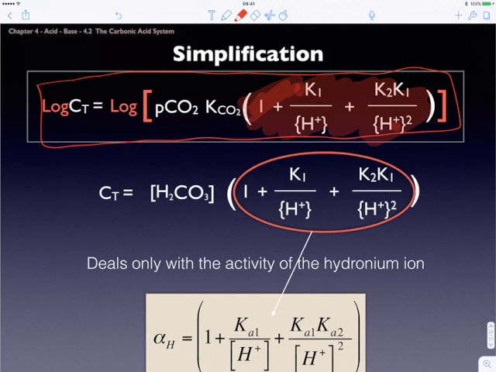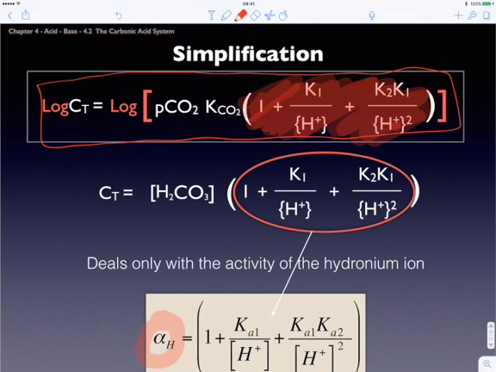For most systems you will be able to have a value for this pH. So this can be simplified in a constant called alpha H. So alpha H is 1 plus Ka1 divided by the proton, plus Ka1 times Ka2 divided by the proton to the power of 2.